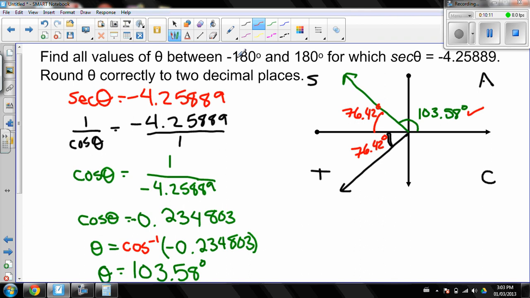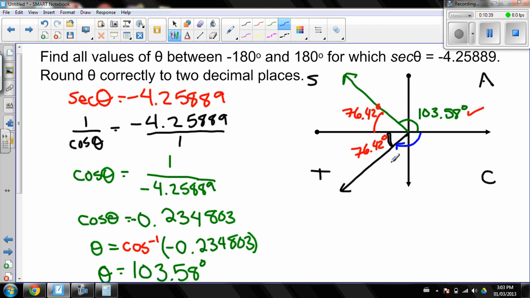Now my second answer has to be in between 0 and negative 180, because my domain this time is not from 0 to 360, but it's from negative 180 all the way around to positive 180. So that means that I'm now trying to find from 0 to negative 180. So I want to know this angle right here.